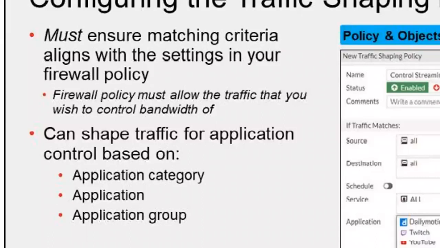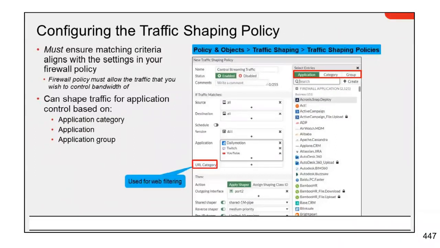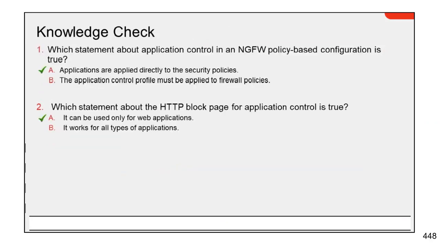You must ensure that the matching criteria align with the firewall policy or policies to which you want to apply shaping. It does not have to match outright. For example, if the source in the firewall policy is set to all, you can set the source in the traffic shaping policy to any source that is included in all, for example, the local subnet. So you are allowing only a part of the all section.